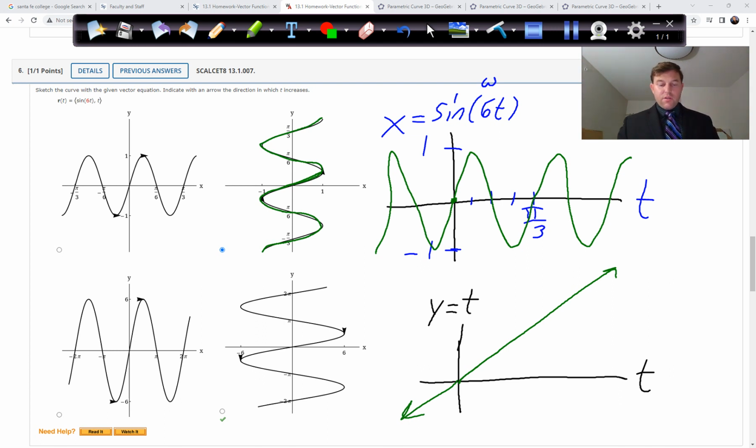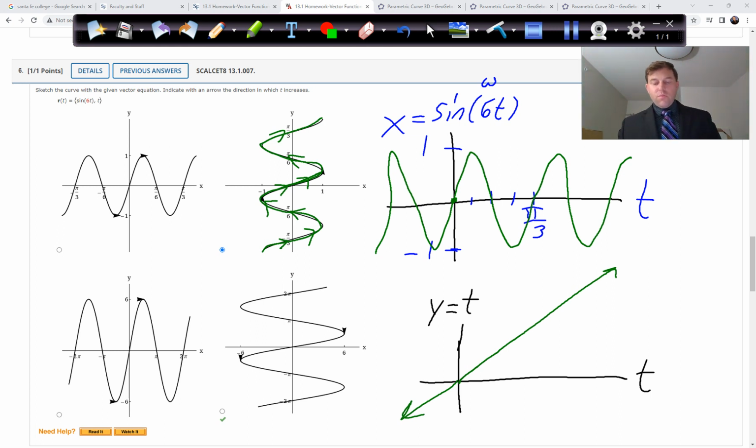But your x value is whatever sine of 6 times negative pi over 3 is. So basically your curve is going to go like this. It's going to, in the x direction, bounce between -1 and 1. And in the y direction, it's going to just get bigger and bigger and bigger. It's going to go up.